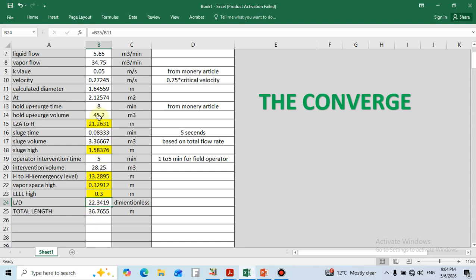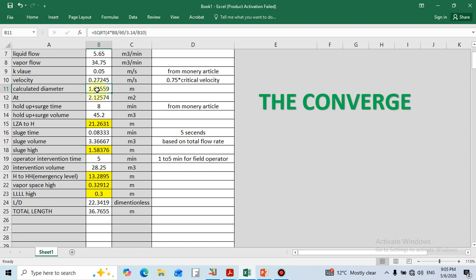So we need to increase the internal diameter of our vessel to make sure that we have much more space to accommodate much more volume of the liquid. To decrease this value, each of these values affects the length of our vessel. So I will increase the internal diameter of the vessel.